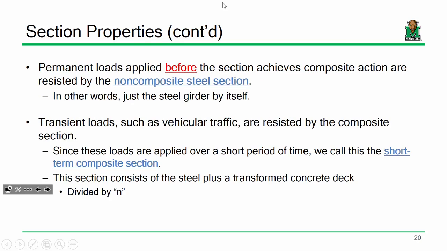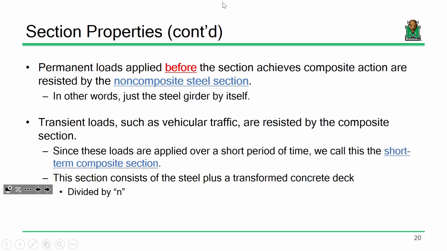Let's go back to the evolution of load on a bridge. So we set the beams down, set the cross frames, formwork, pour the deck. All that load is resisted by the steel girder by itself.